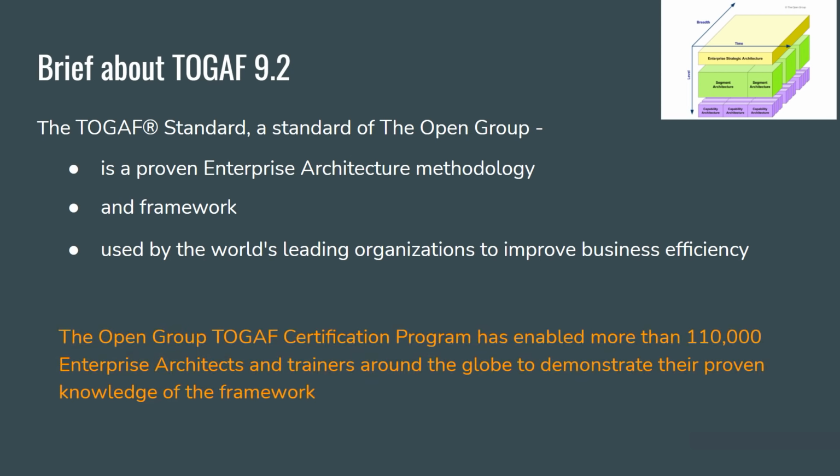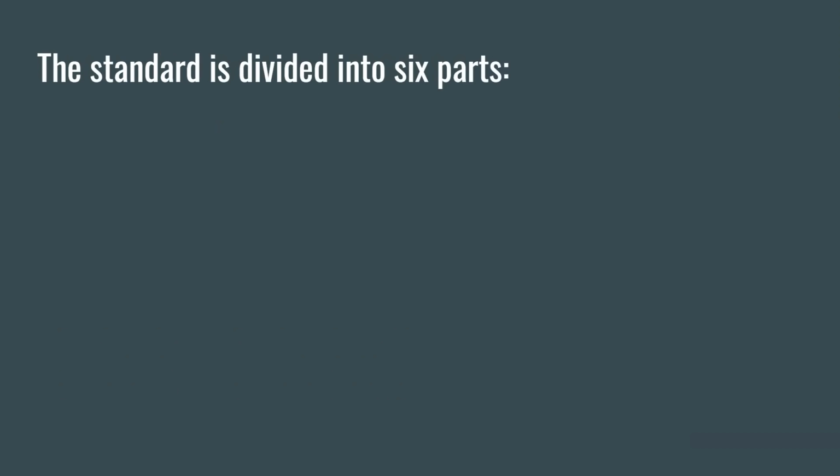Over the period, the OpenGroup TOGAF certification program has enabled more than 110,000 enterprise architects and trainers around the globe. More than 130 countries have these certified enterprise architects, who demonstrate their proven knowledge of the framework through this certification. At a high level, this standard is divided into 6 parts.